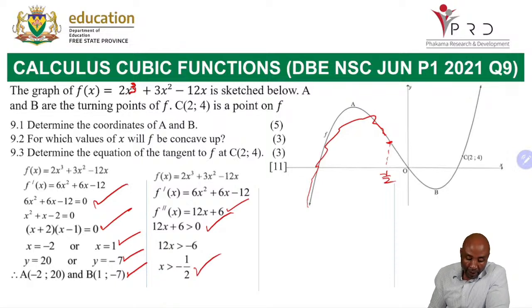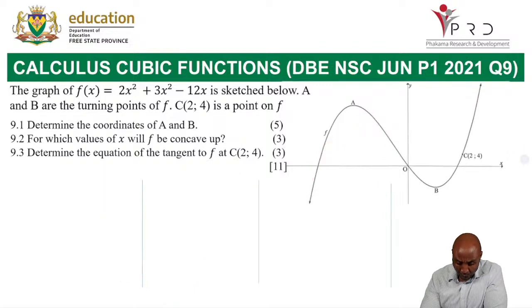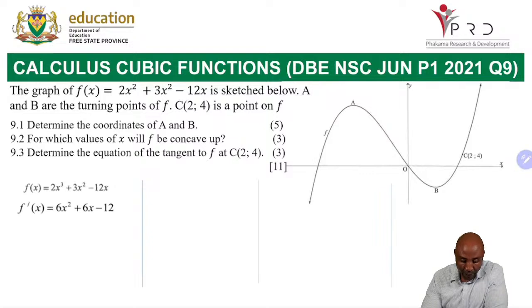The next one: determine the equation of the tangent of f at C with coordinates 2 and 4. So remember, we need the gradient. We have the coordinates of the point for us to get the equation of a straight line. We found our first derivative.